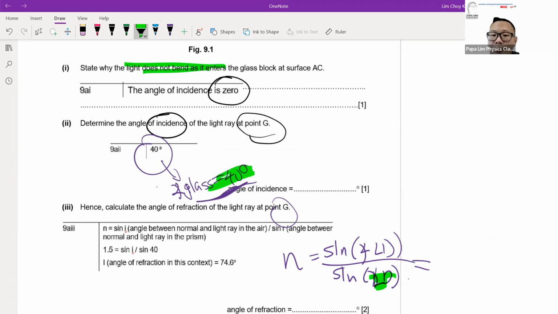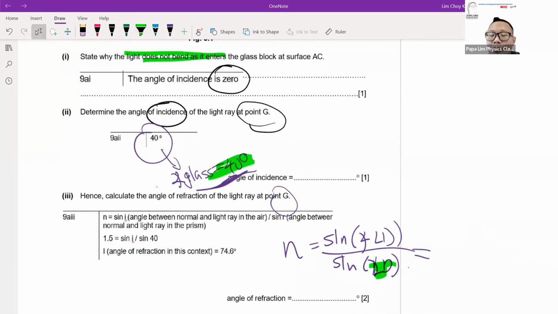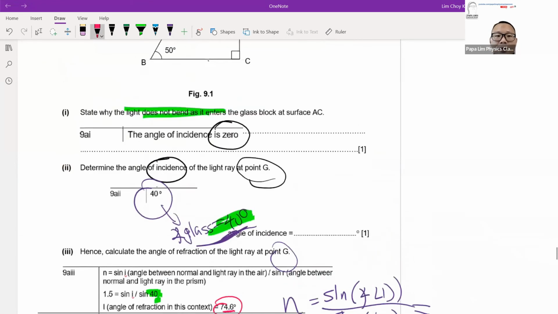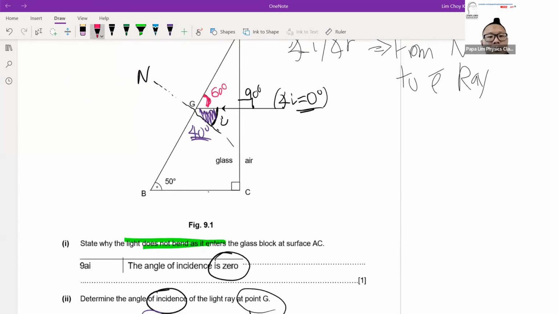Don't mix up the angles. The denominator has to always be in the denser medium. That's why it's 40 degrees here. 1.5 is given in the question. If you rearrange the equation, your refracted angle will be 74.6 degrees. It will be a very steep ray, somewhere here. 74.6 degrees, arrow here.